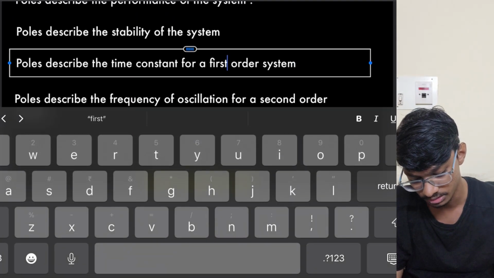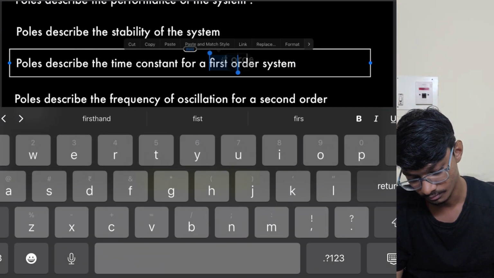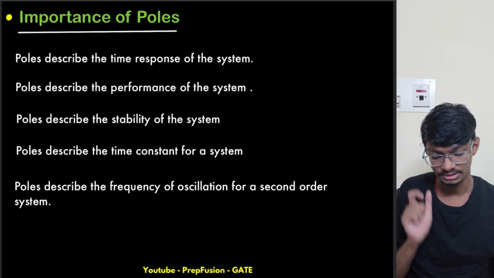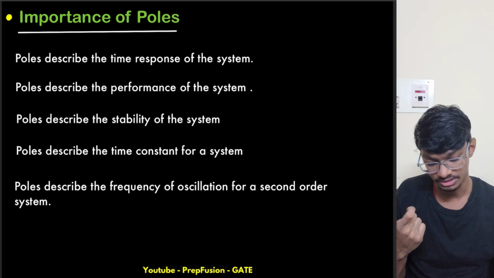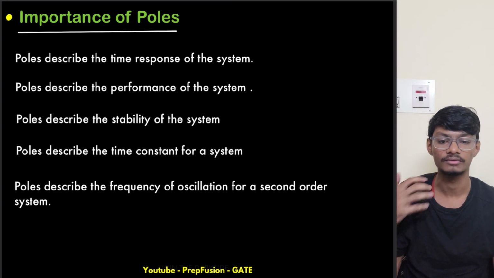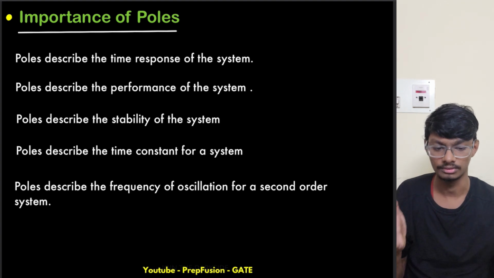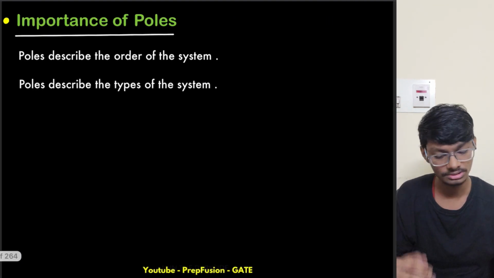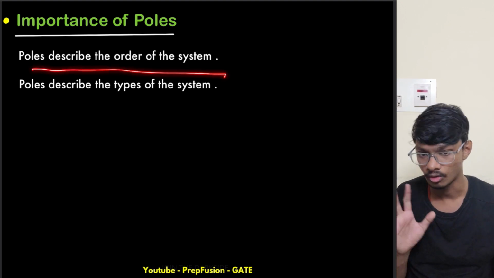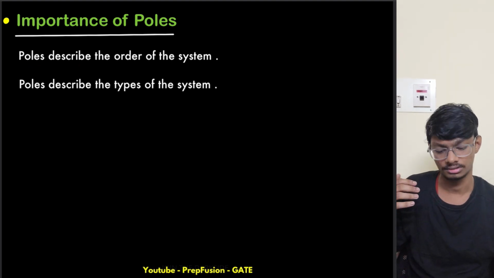Now, what do you mean by time constant? We'll come to that. Poles describe the frequency of oscillation for a second order system, by what frequency they are oscillating. All this I will come to. Now poles describe the order of the system. This is very simple.